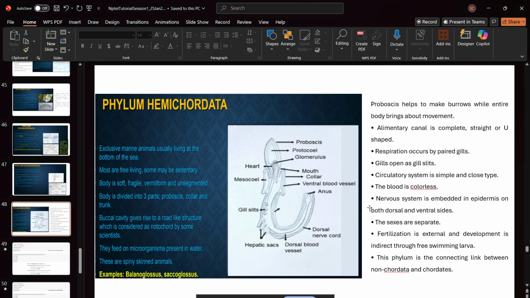It says the nervous system is embedded in the epidermis, the outer layer, on both dorsal and ventral sides. So it has some particular cells which can help, it's a very simple thing, not like us humans.